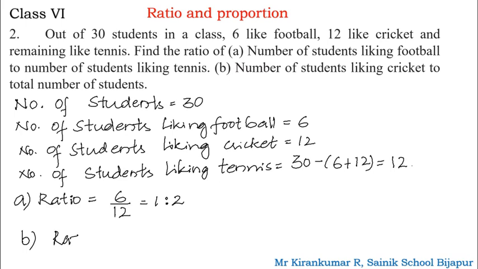Second, we need to find the ratio of the number of students liking cricket, that's 12, to the total number of students, which is 30. We can divide both numerator and denominator by 6. We get 2:5.